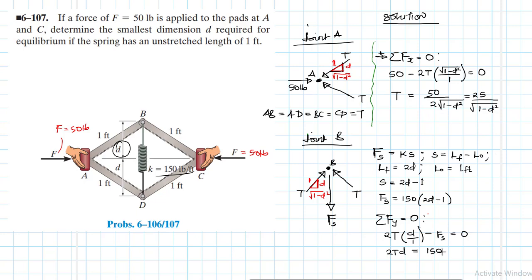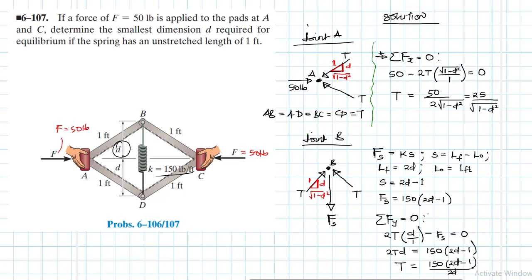It is 150 times (2D minus 1). And finally, if we make T the subject of the formula, it is going to be equal to 150 times (2D minus 1) divided by 2D, like so.